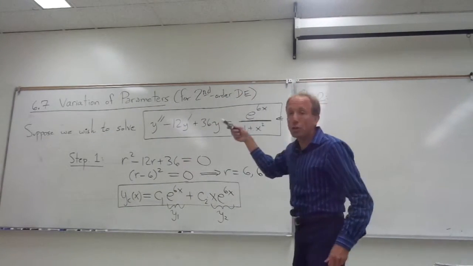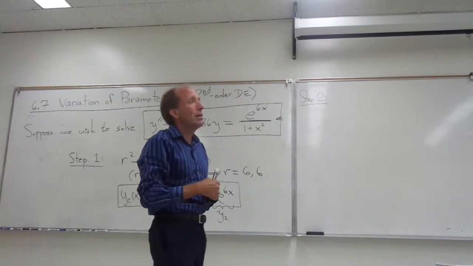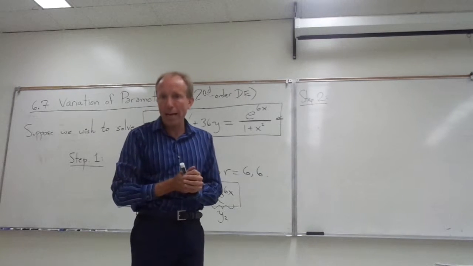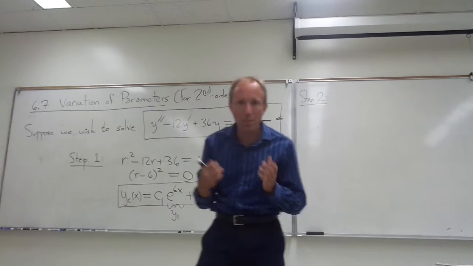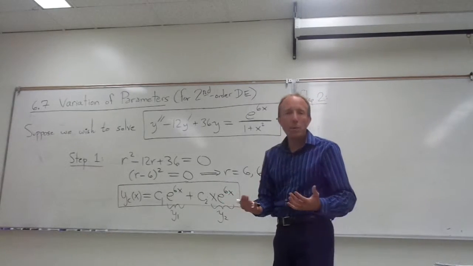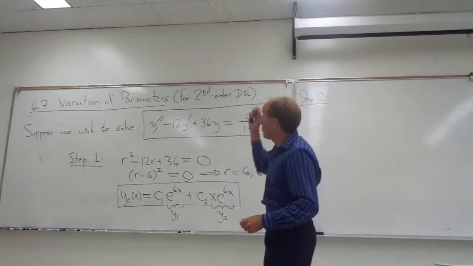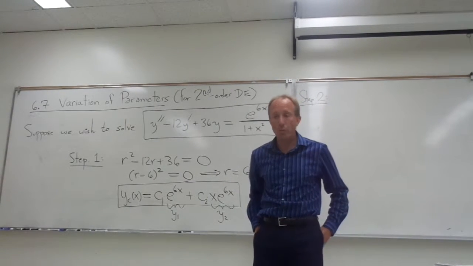You can actually use variation of parameters for higher order equations, but it is really tedious to do by hand. You would be much better off using a computer to do it. So for the purposes of doing things by hand that just give you the idea of the method, second order differential equations are what we're going to want to use.